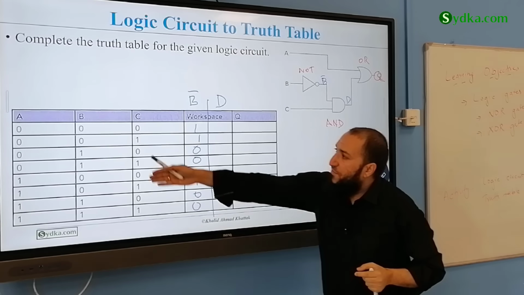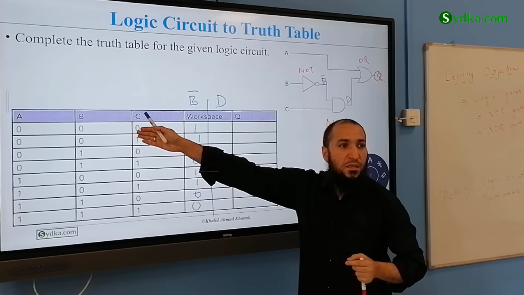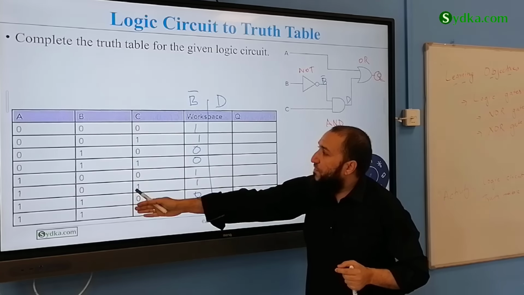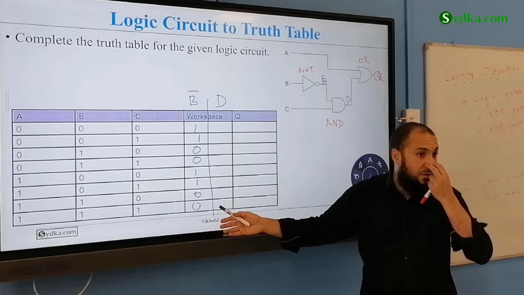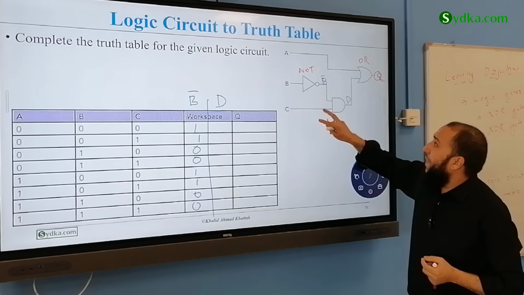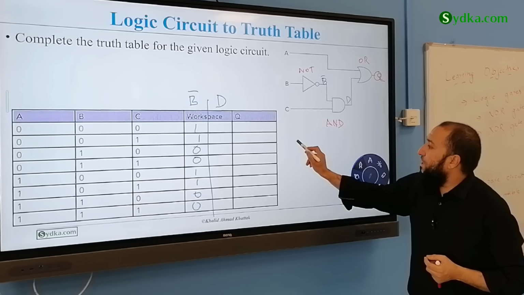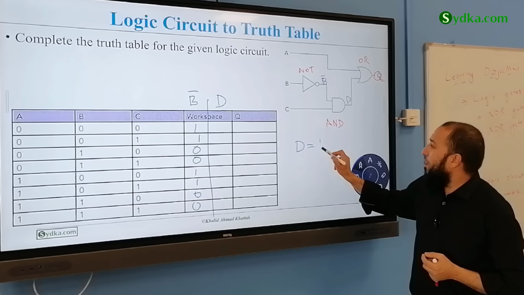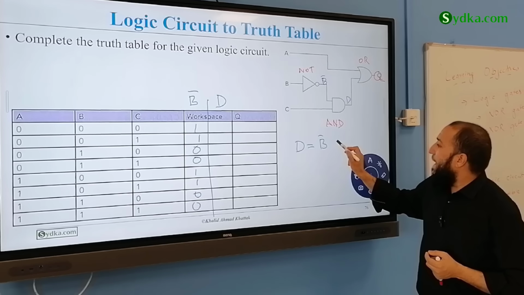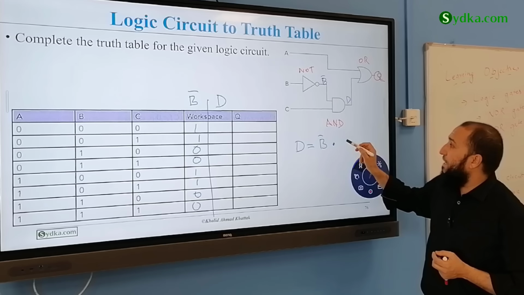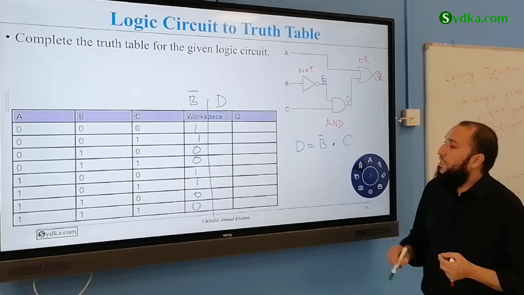Whatever the values of B are, we invert those into inverted numbers. Now next we have D, which is equal to not B and dot, which is an AND gate, C.